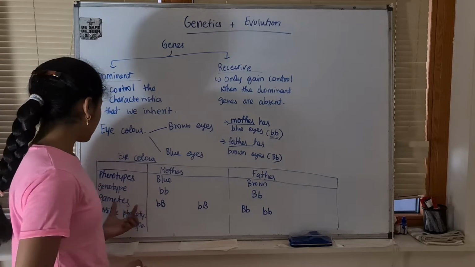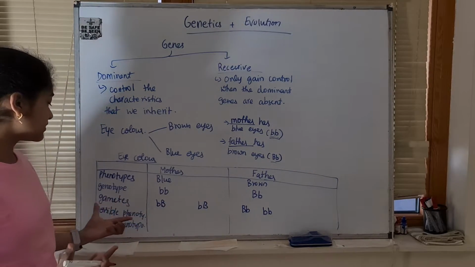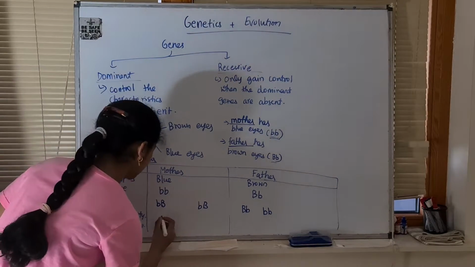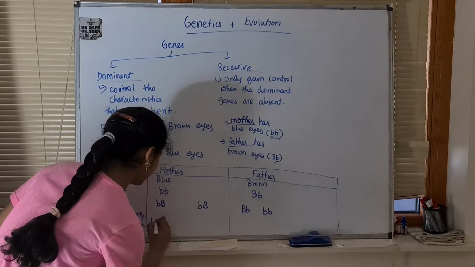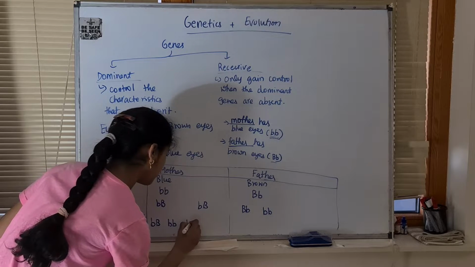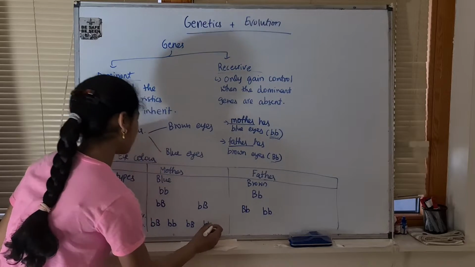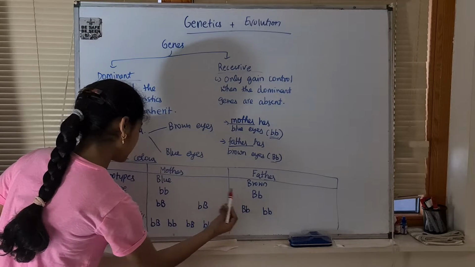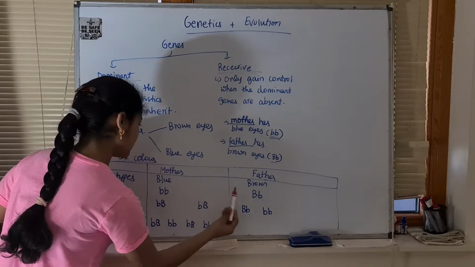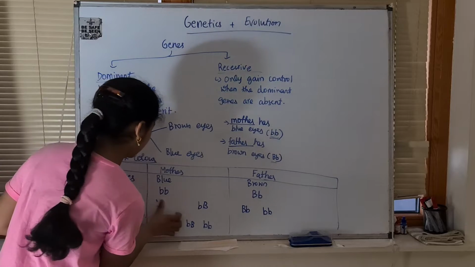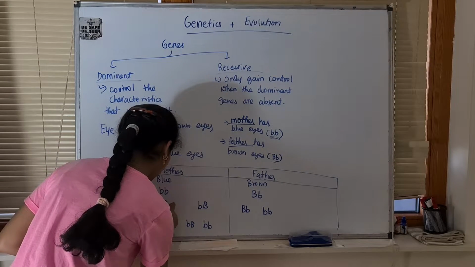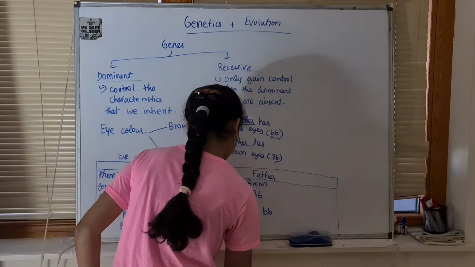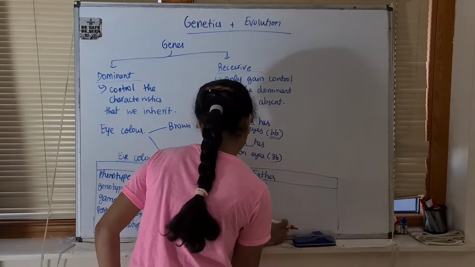These are the possible gametes, or possible genotypes, of the offspring. This is how we write it. So let's write it this way: capital B, small b, capital B, and small b.